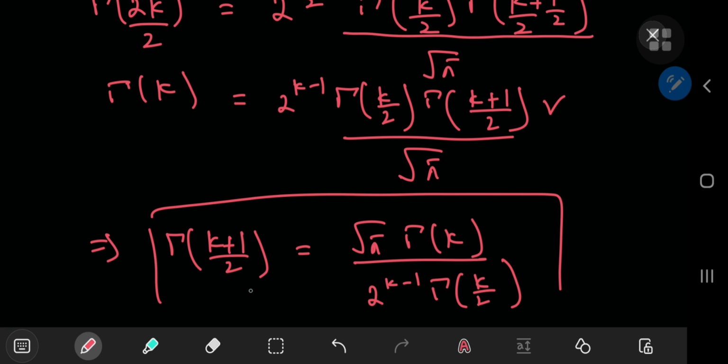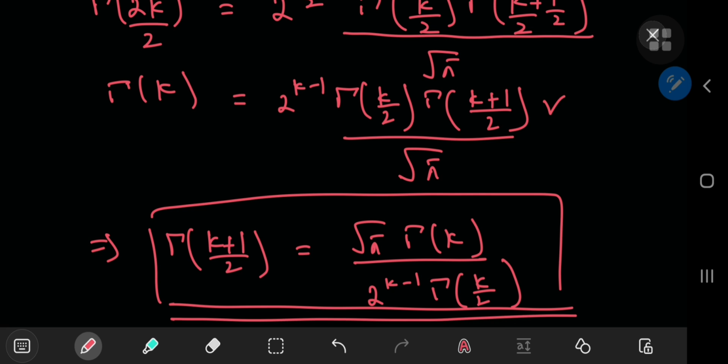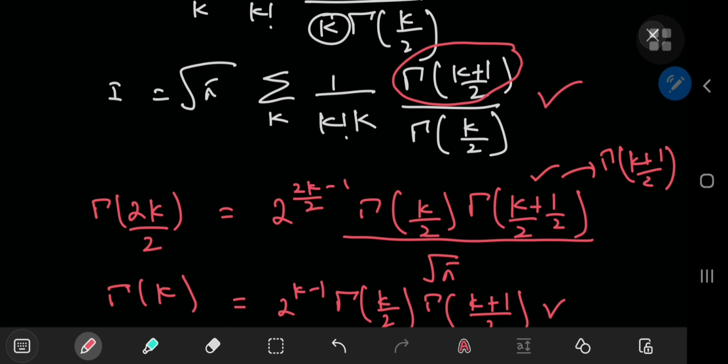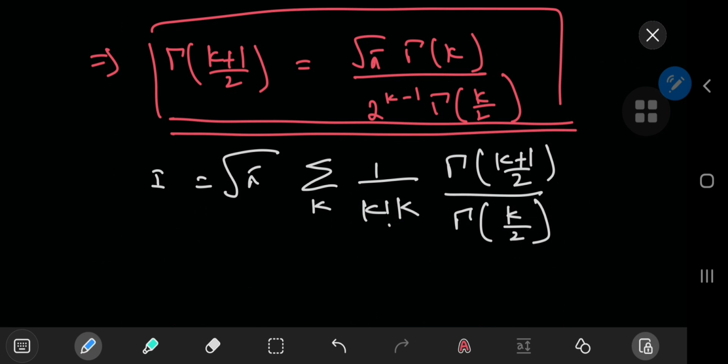So now I can substitute this relation into the equation we derived earlier, this equation here in white. So I wrote down the two equations, the one for I and the other for gamma k plus 1 by 2, to get a better visual of things. So the first equation here, it implies that I equals, now you have a square root of pi here and a square root of pi here.